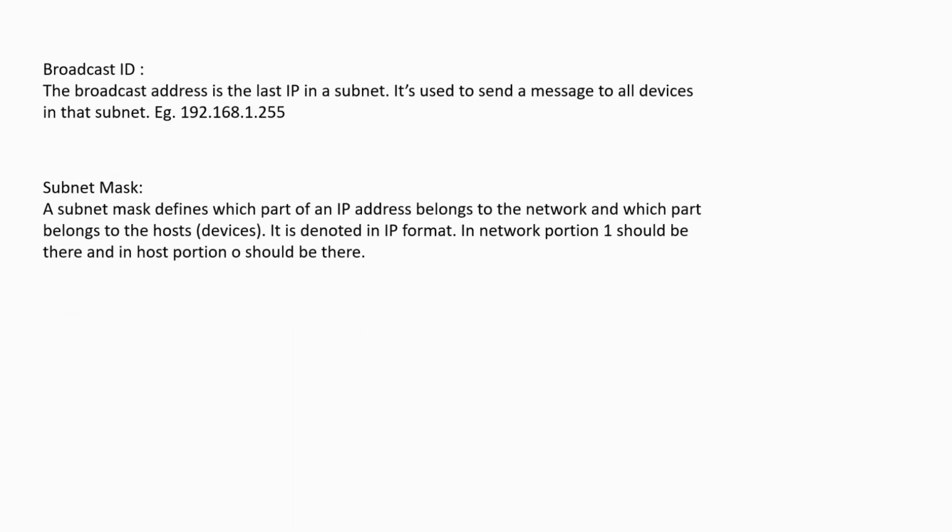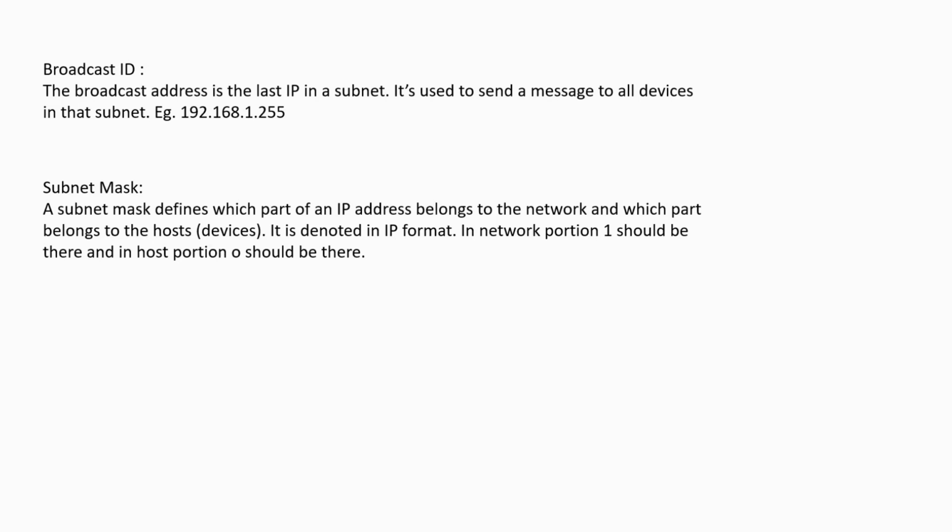Now next we'll move on to the broadcast IP. The broadcast address is the last IP in a subnet. In the valid IP I mentioned 192.168.1.255. This is the last IP address, and this address is called the broadcast ID.